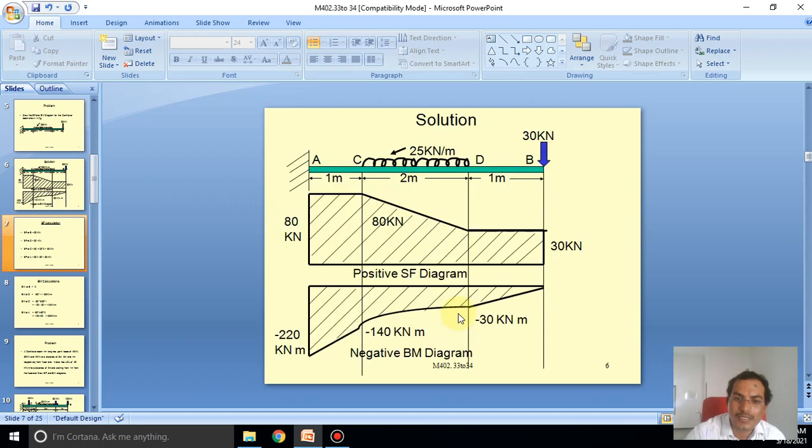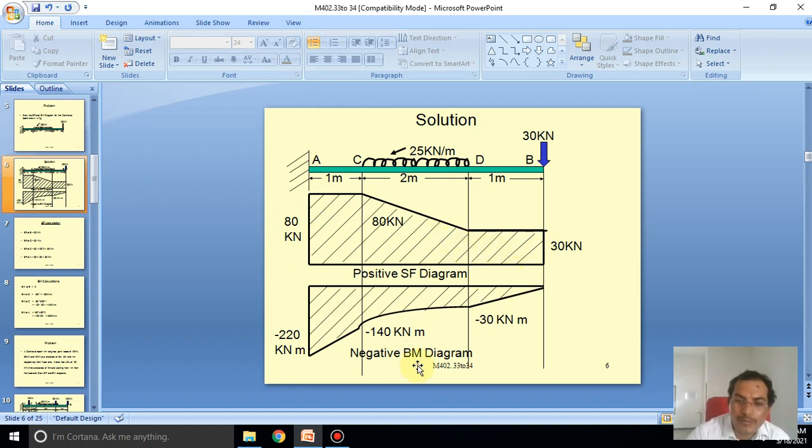C is equal to A, there is no load change, so there is a straight horizontal line. We draw the vertical and horizontal lines. This is the shear force diagram.